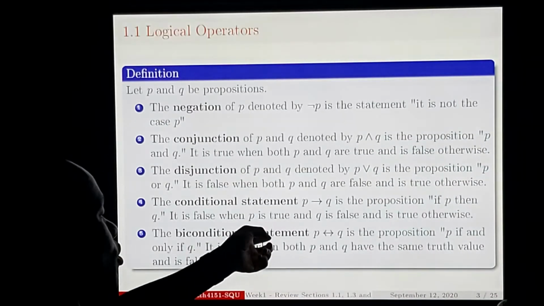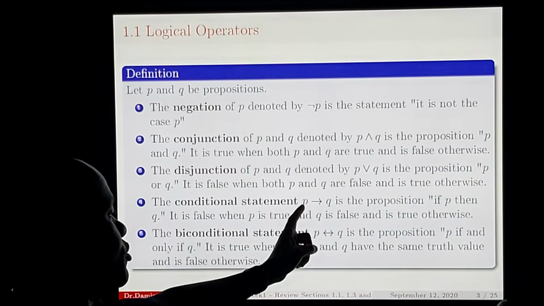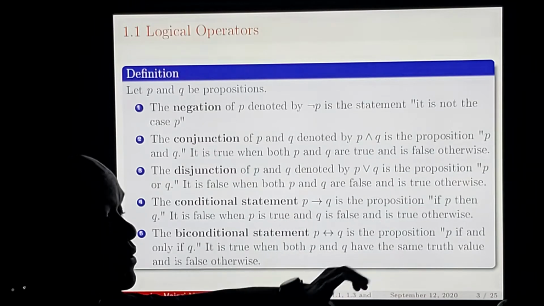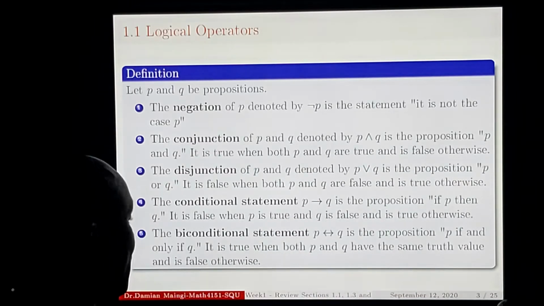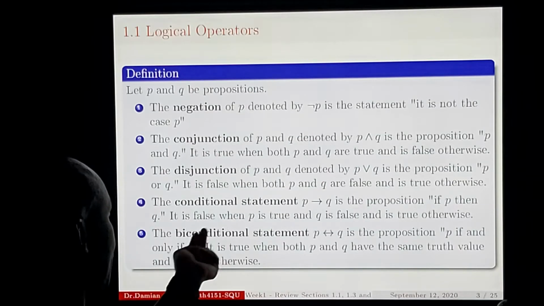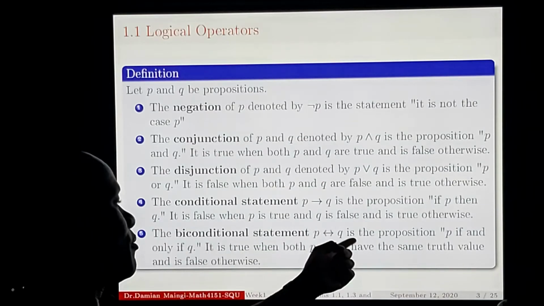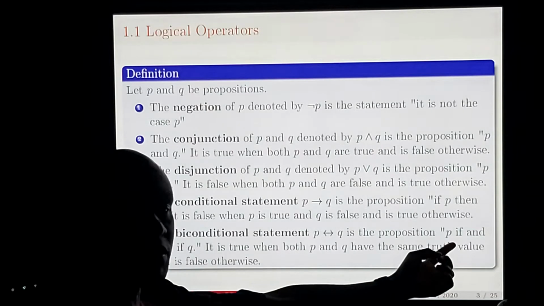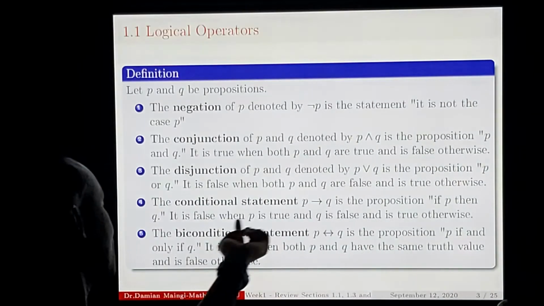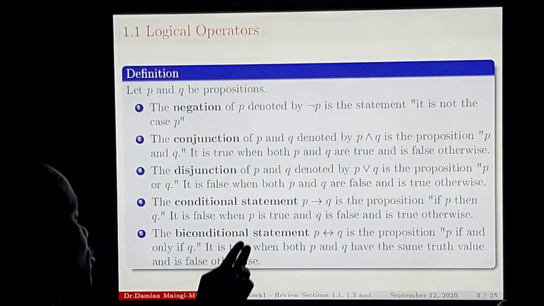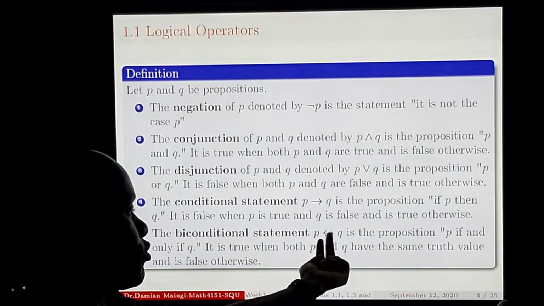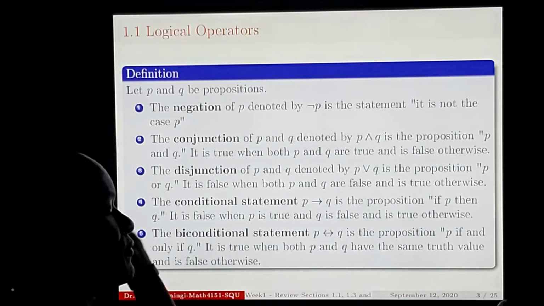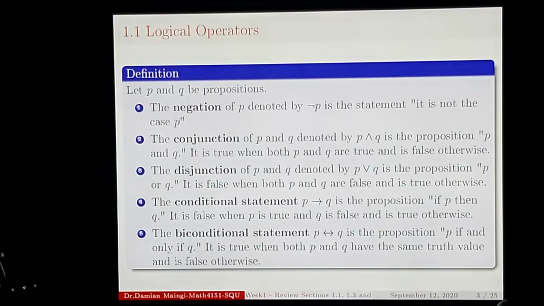And this is always true except when p is true and q is false. Then the biconditional statement: p implies q and q implies p. In mathematics we read it as p if and only if q. And it's true when both have the same truth values. Otherwise it's false.